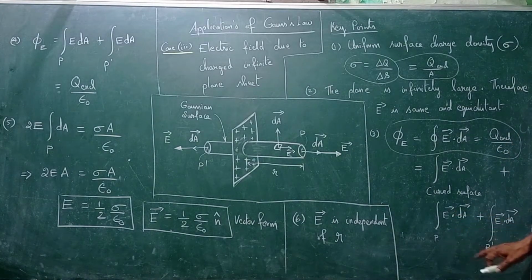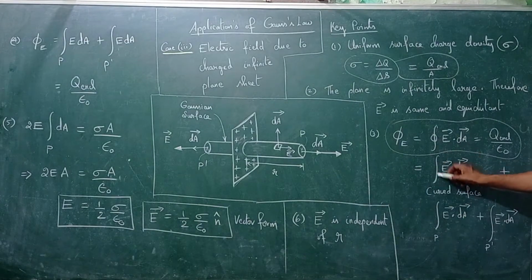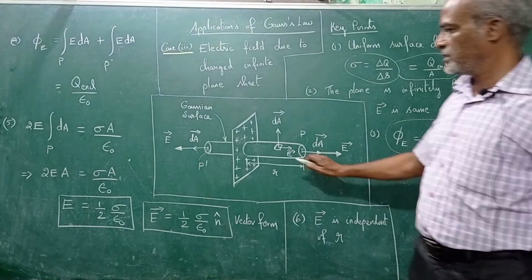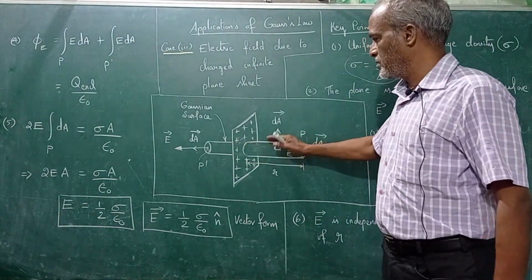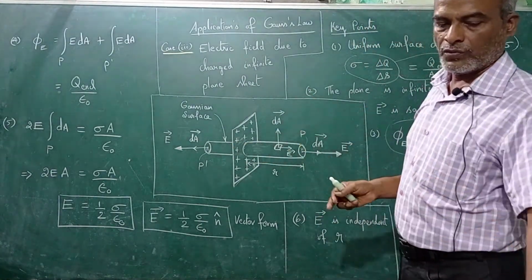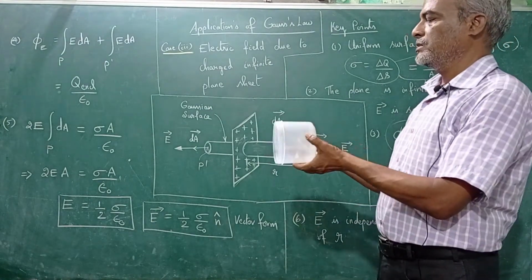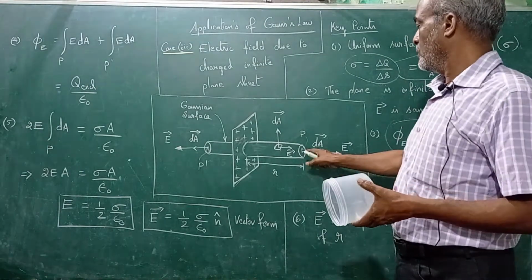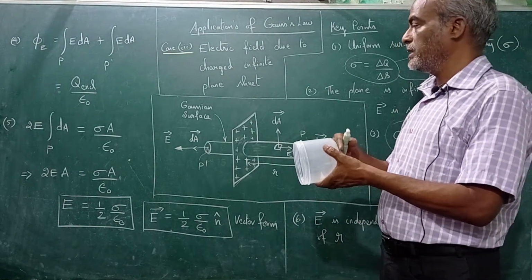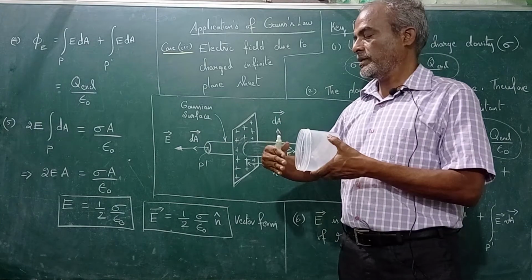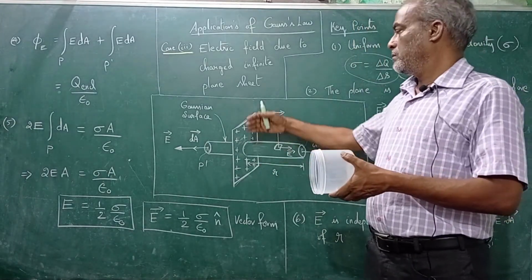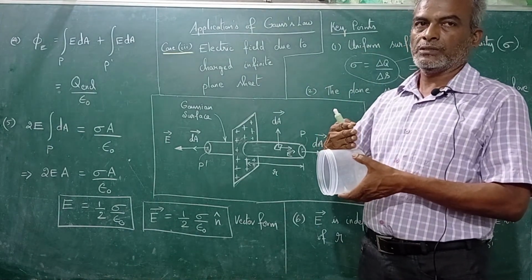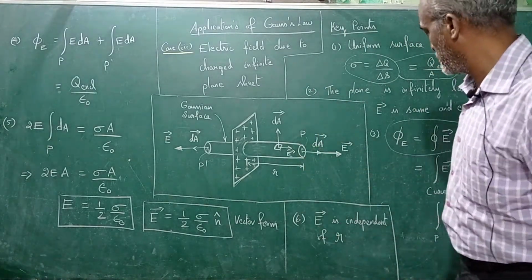So now we have three cases: integral E vector dot dA vector for the curved surface, and then the surface on this side and another surface on this side. The infinite sheet is cutting this Gaussian surface, and the charge density is the same.